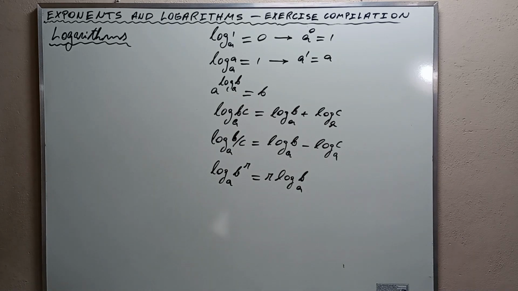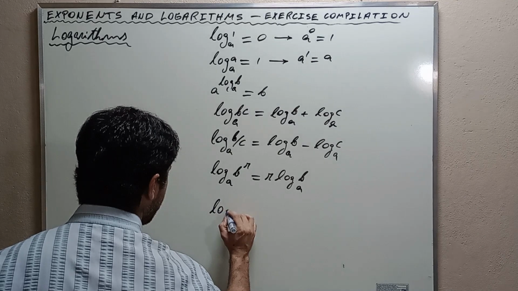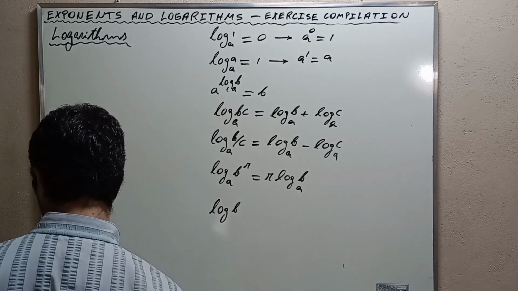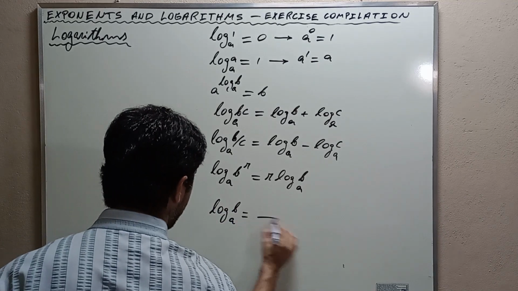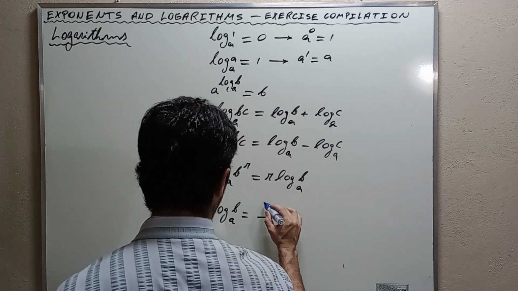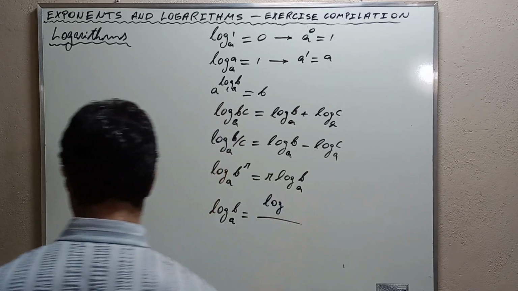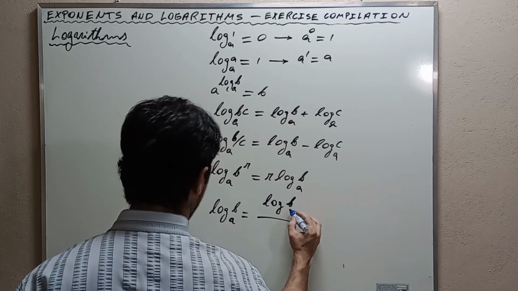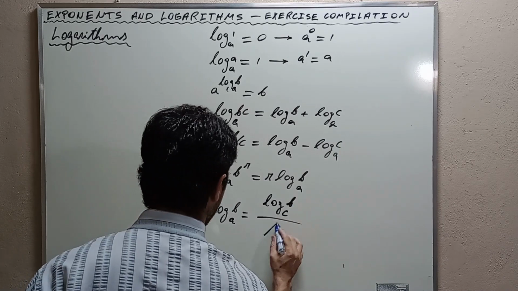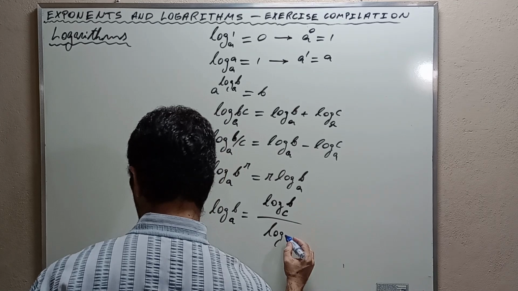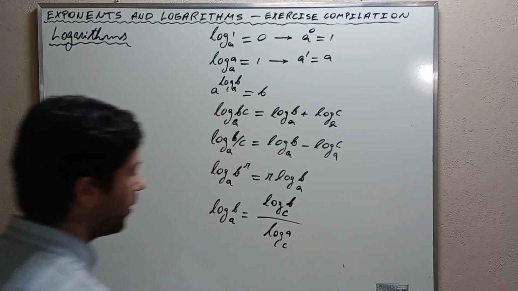And the last identity that we are going to use, that's going to help us a lot with the exercises, is the change of base. The change of base is this, the logarithm of b base a is equal to the logarithm b base c divided by the logarithm a base c.